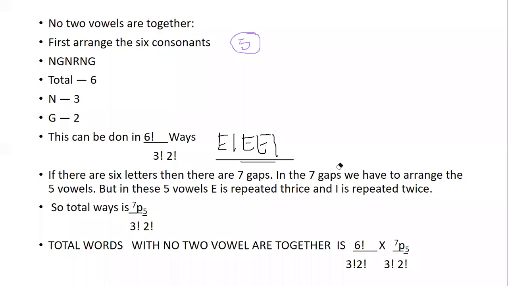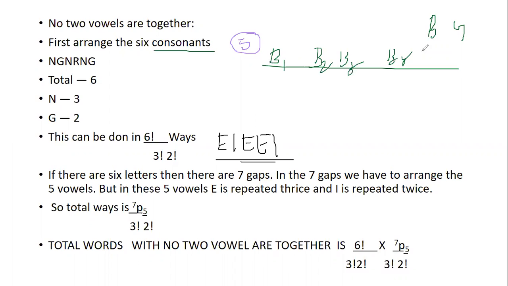So then how do we do the arrangement if no two vowels are together? In such a scenario, we will be concentrating on consonants. If you remember, we solved a question of boys and girls standing in a row for a photograph. We had 9 boys, B1, B2, B3, B4, B5, until B9.